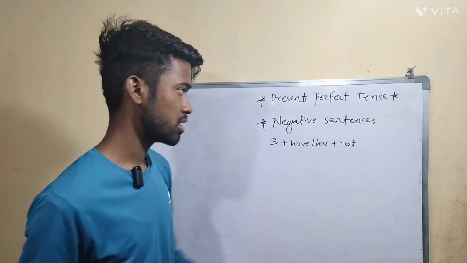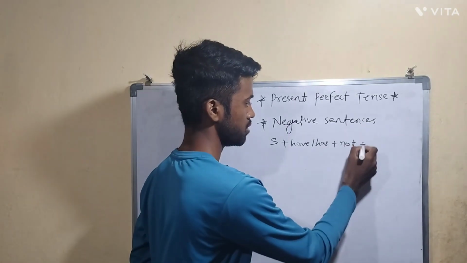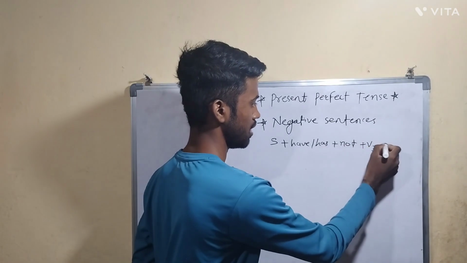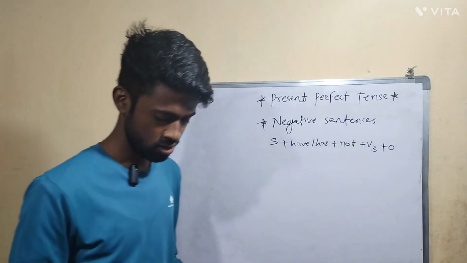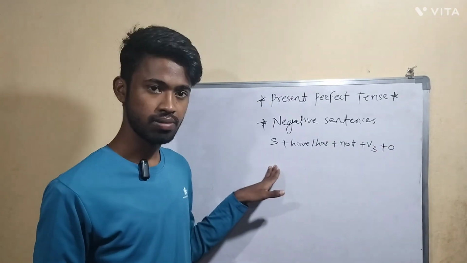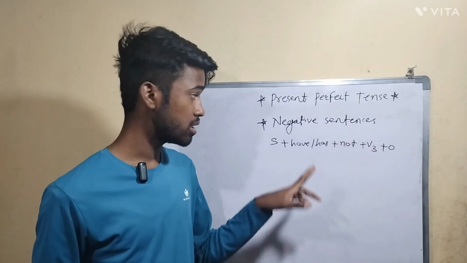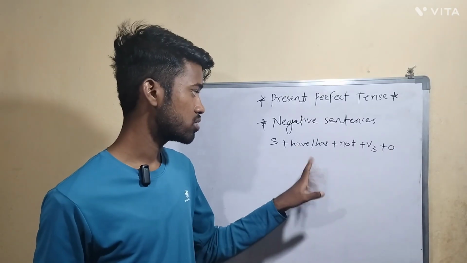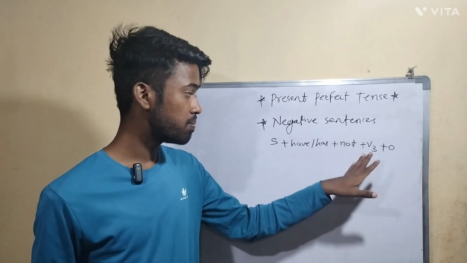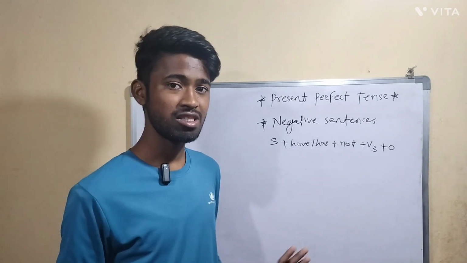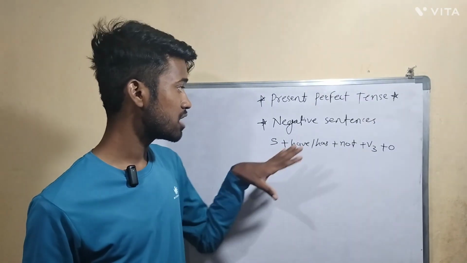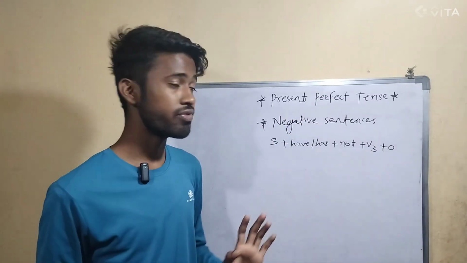Only this extra part we have added here. Plus third form of verb and in the last object. First subject, after that have or has, only one of these, then not plus third form of verb and in the last object. So this is the negative structure for present perfect tense.